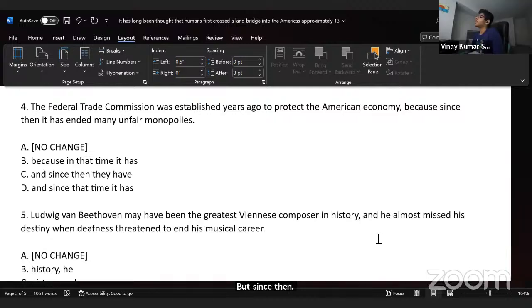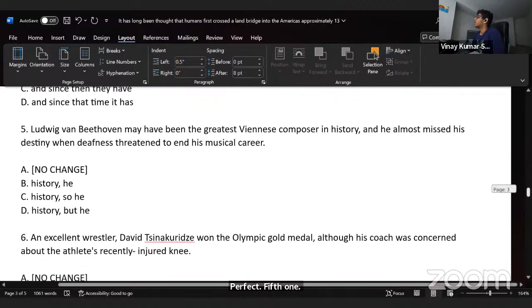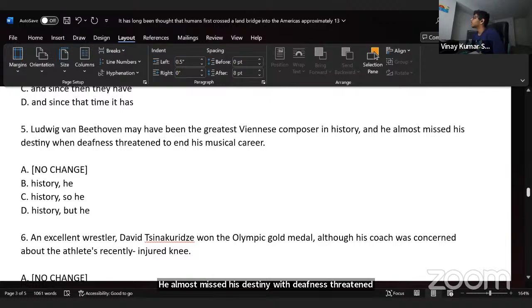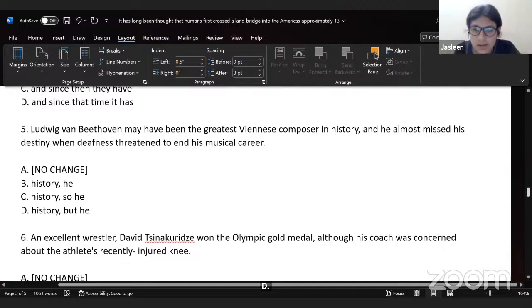Fifth one. Ludwig von Beethoven may have been the greatest Viennese composer in history, and he almost missed his destiny when deafness threatened to end his musical career. D. Yes.